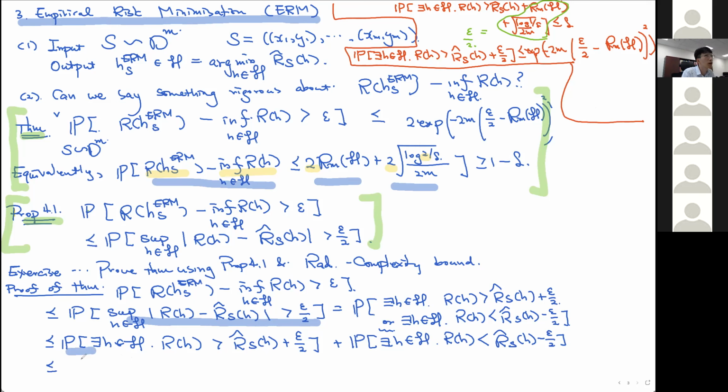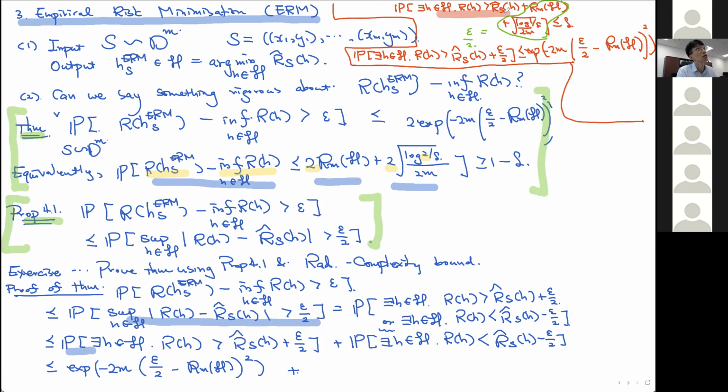And that will be bounded by minimization epsilon 2. And it turns out something like this also, the dual version of the statement that I wrote here is also true.